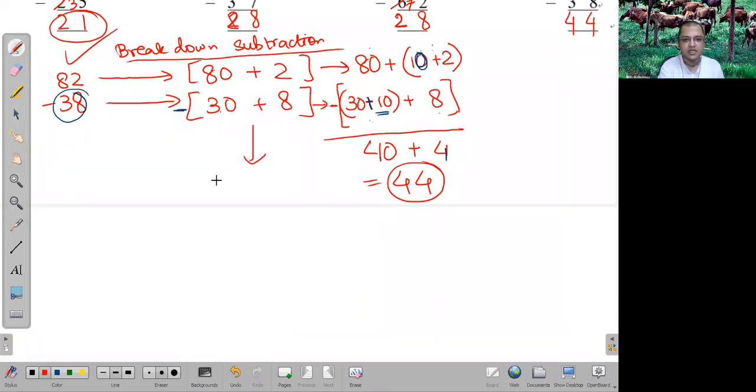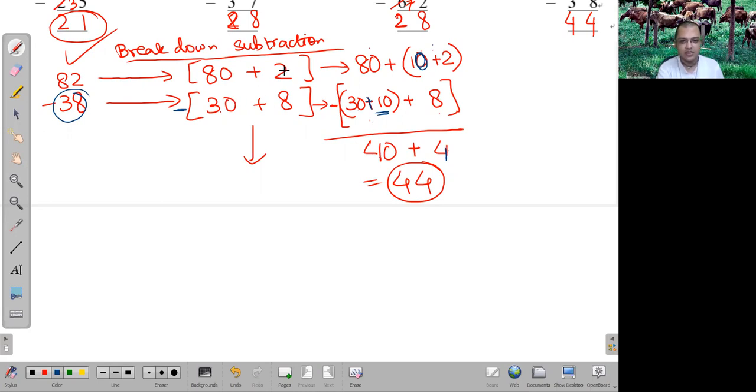Okay, check here. Once again, I'm writing. See, let's do it together. Is it possible to subtract 30 from 80? Can we do 80 minus 30? Possible or no? Akshaj, 80 minus 30 is possible or no?